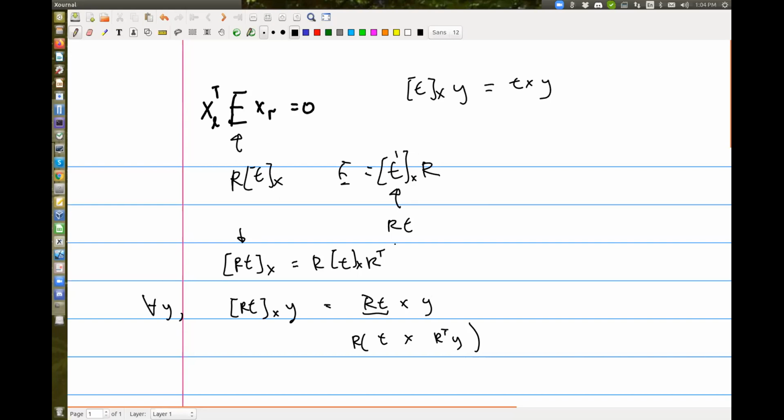So why is that? Think of if I am trying to rotate. I have a vector T here, right?